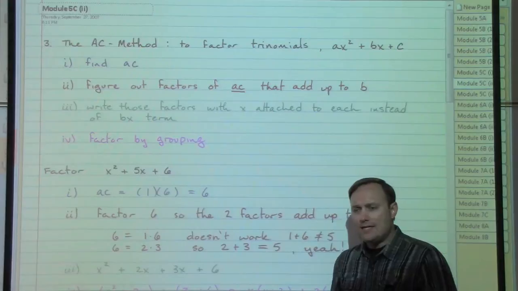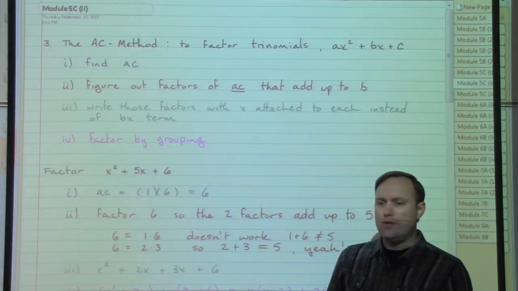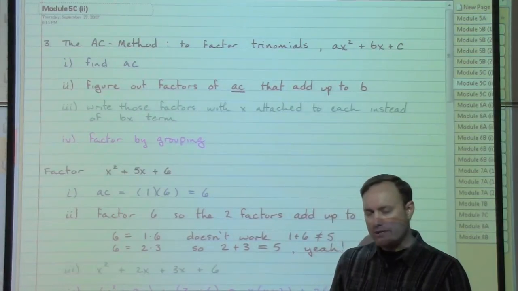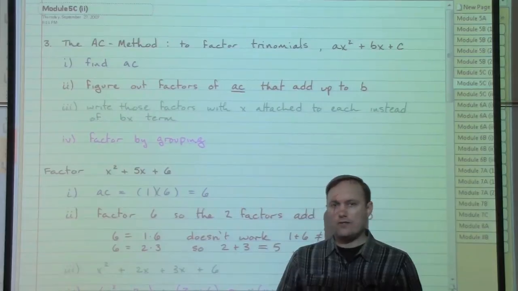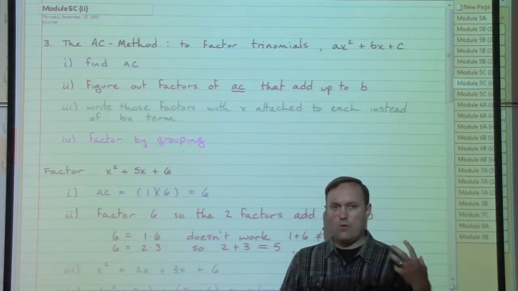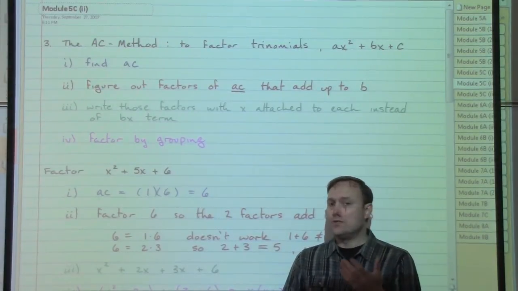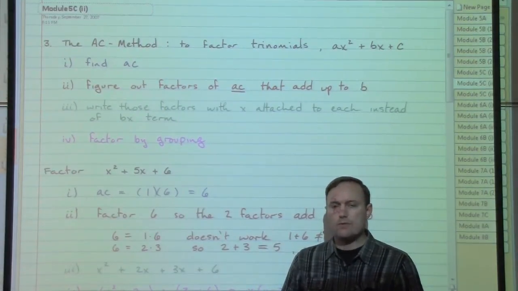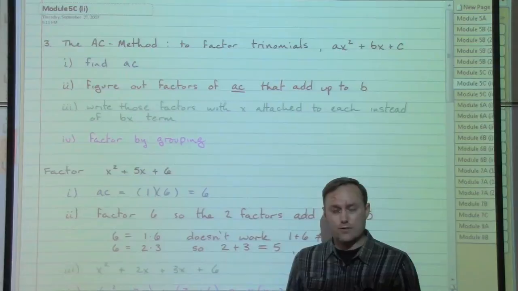When we refer to the AC method, we're referring to the A as the coefficient of our squared term at the front usually, and the C as the coefficient of our last term, which is most often just a regular constant term, but can also sometimes be a squared term as well.